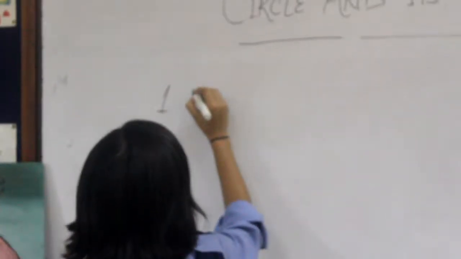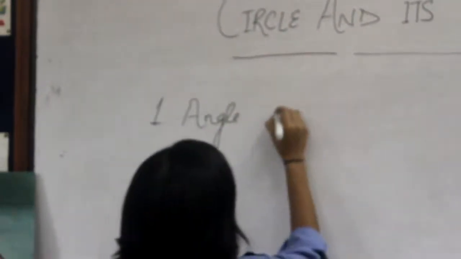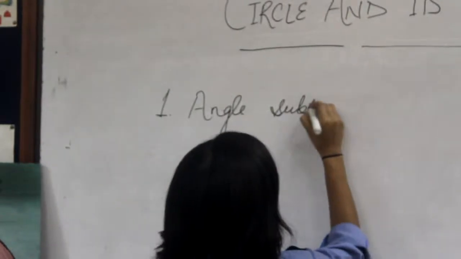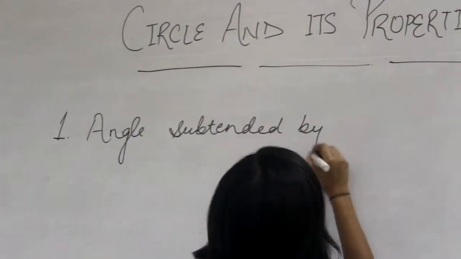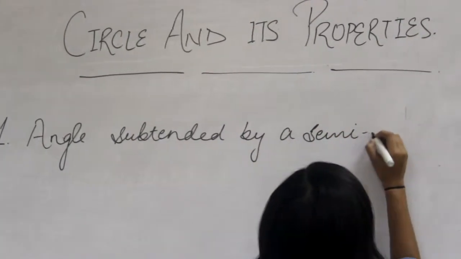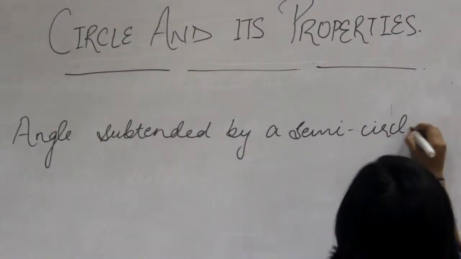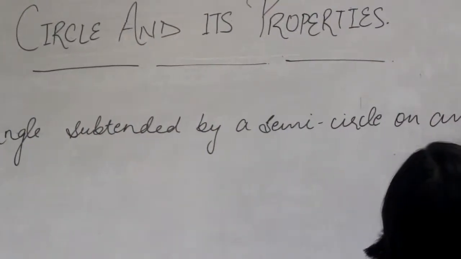So, the first property of a circle is that the angle subtended by a semicircle on any point on the circle is a right angle.